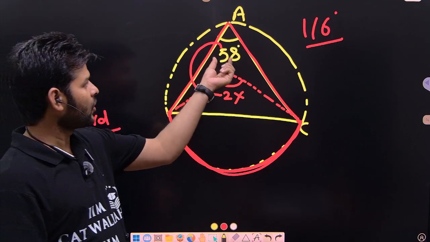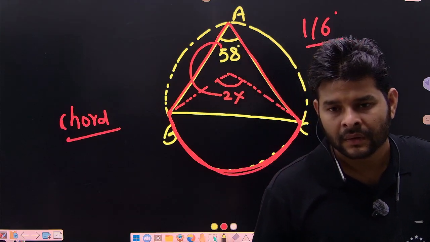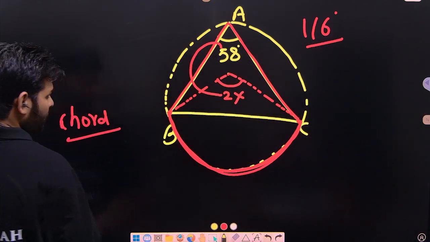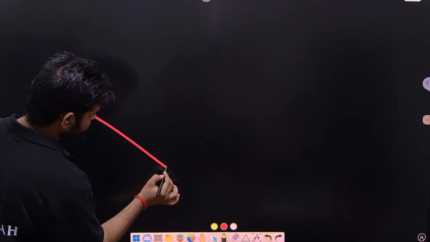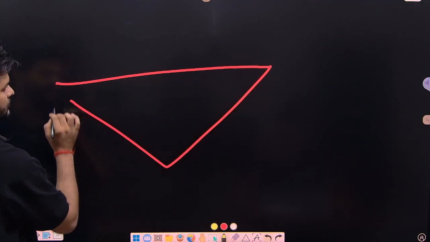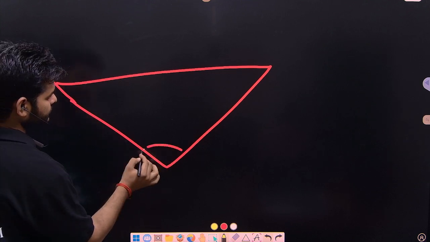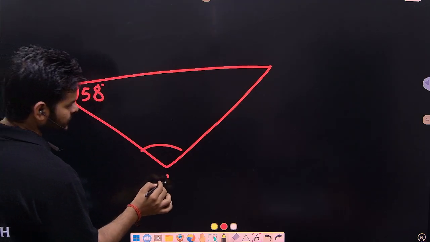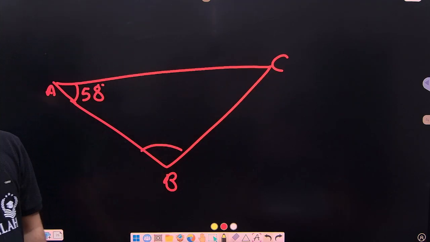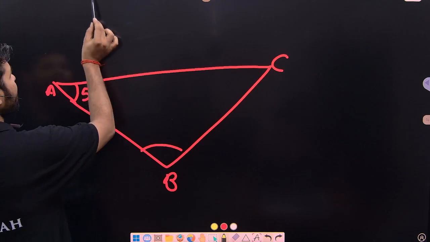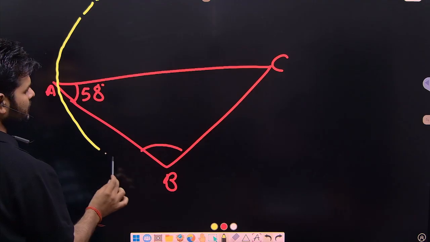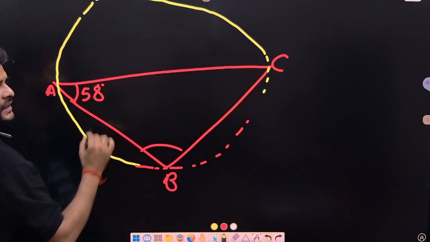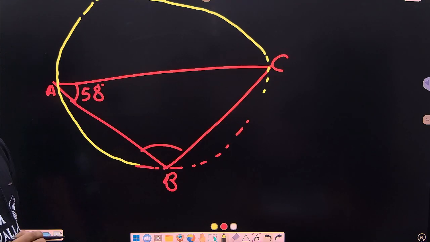Acute. The first question already given. Exactly. Make it obtuse, make it obtuse. Suppose this is 58, ABC. Now, got it? This is ABC. It may be obtuse; you know well, the circumcenter would be outside the triangle.